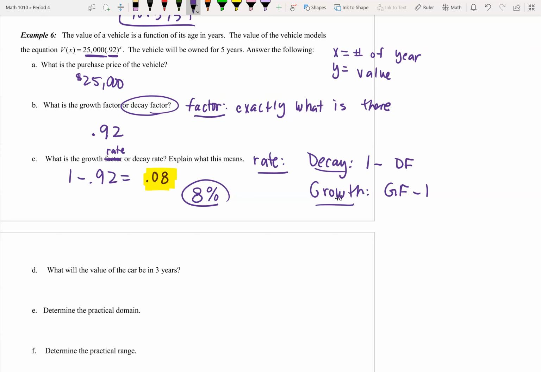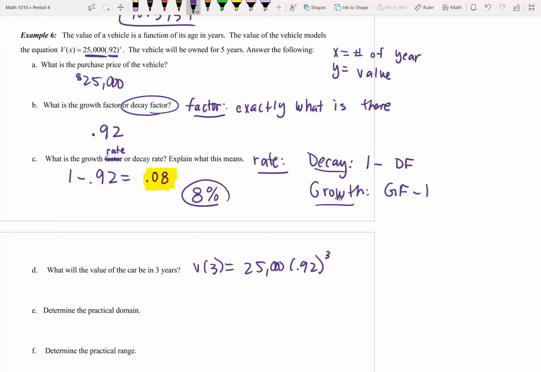Okay. What will the value of the car be in 3 years? Everybody go V of 3 is equal to 25,000 times 0.92 to the 3. Let's store it in because I have a feeling we're going to have to keep doing this. So everybody go 3, store, enter.